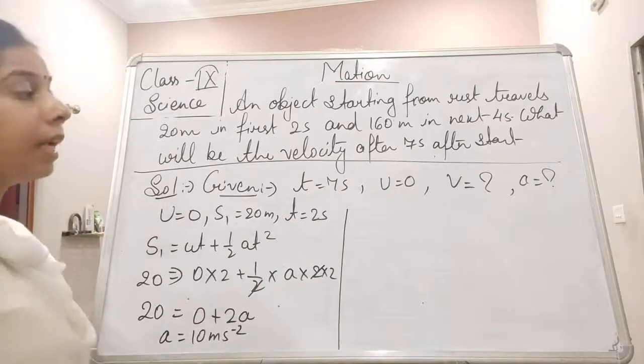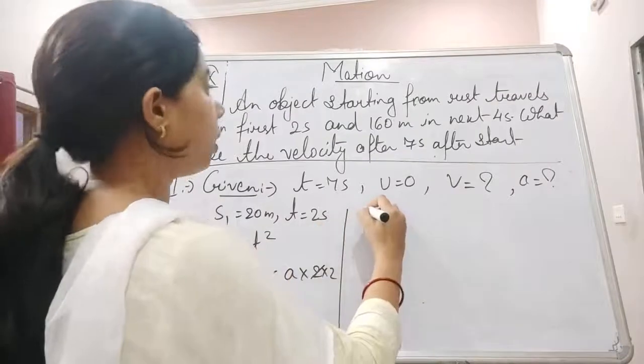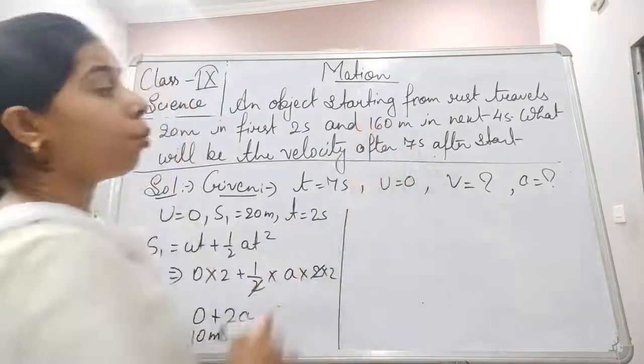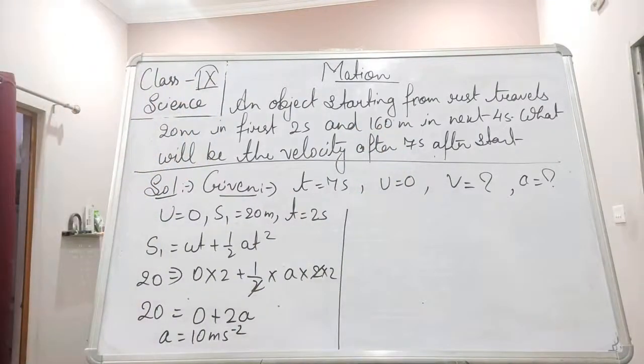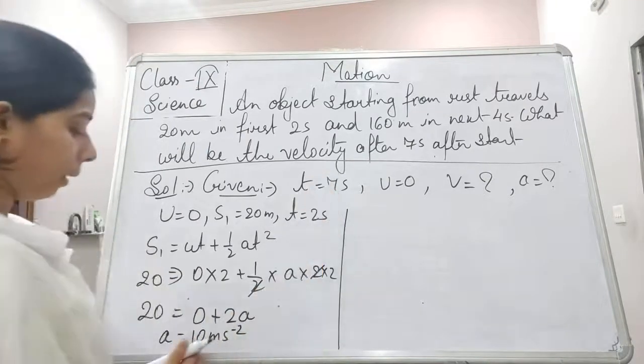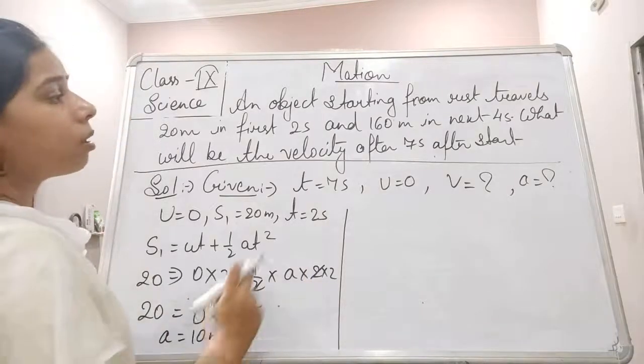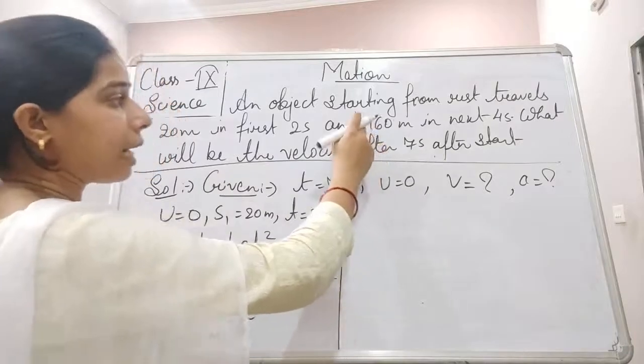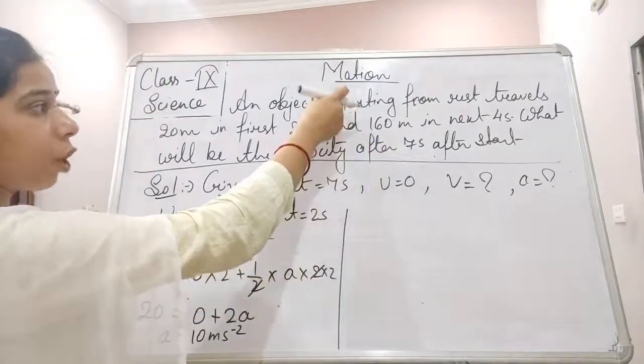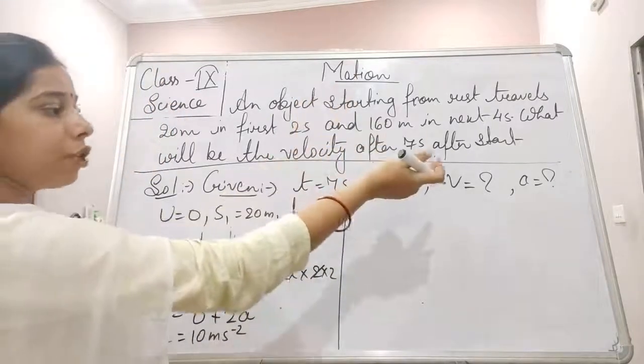Okay. In this case also, students, 160 meter is given. So this is the distance. U is not given, so how do we get the value of u? Because from wherever the first motion has ended, the final velocity of the first one will be the initial velocity for the other.